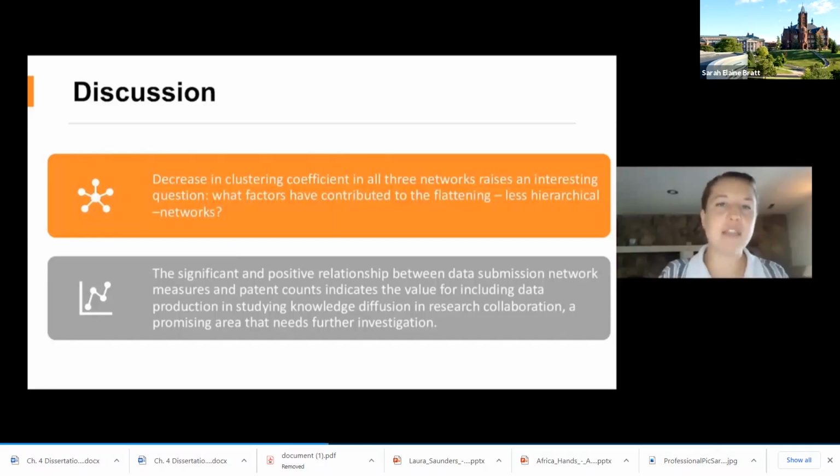And what we found is that the richness of the data submission network was really evidenced in hypothesis one. Hypothesis one told us that data submissions were predictive at 95% of the patents that came out of that particular data-intensive research.